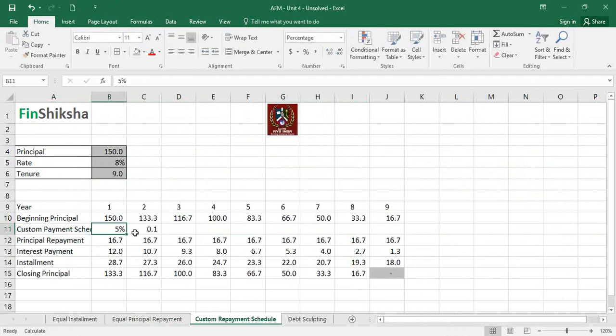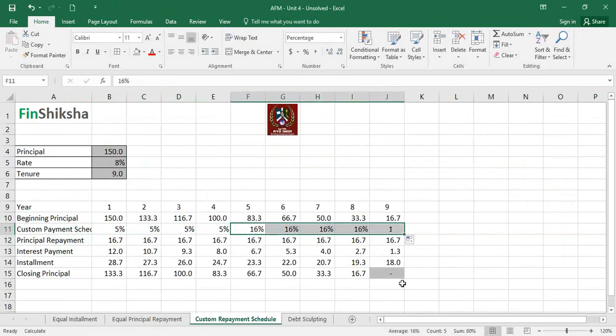Then this 5% changes to 16% from the fifth year onwards. So from the fifth year this number is going to be 16% of the principal. Now that's the schedule that the bank has given, so obviously the numbers are going to change.